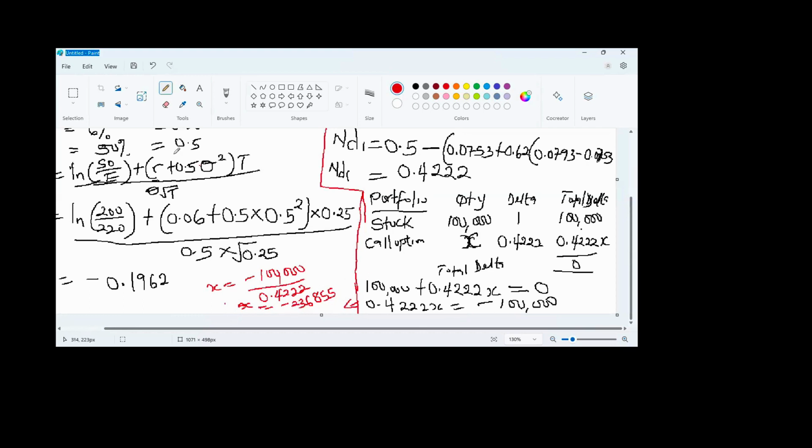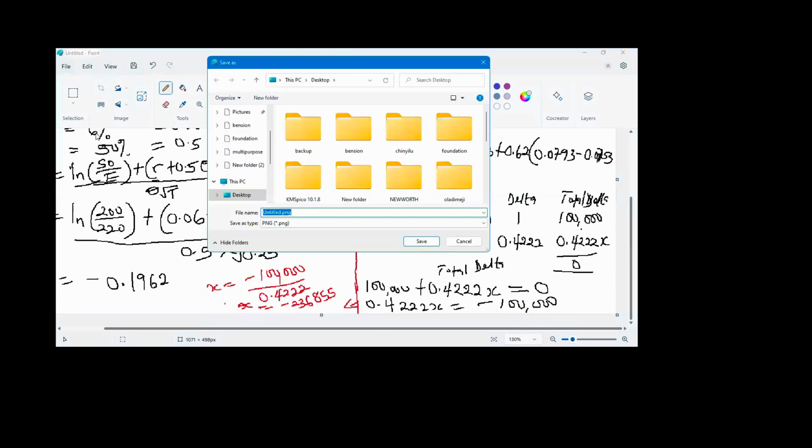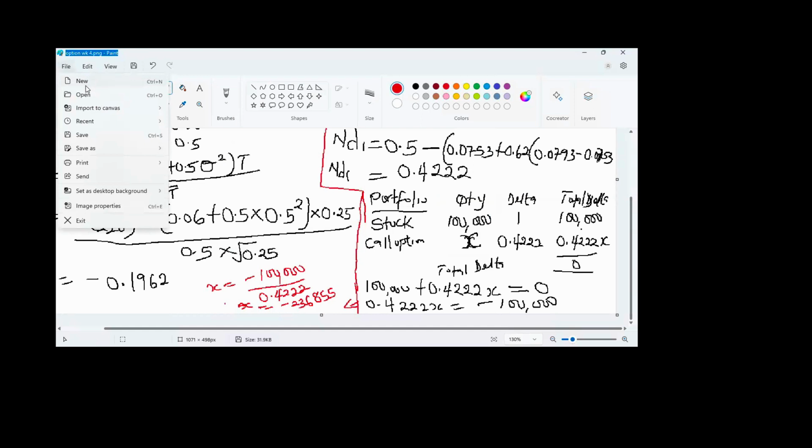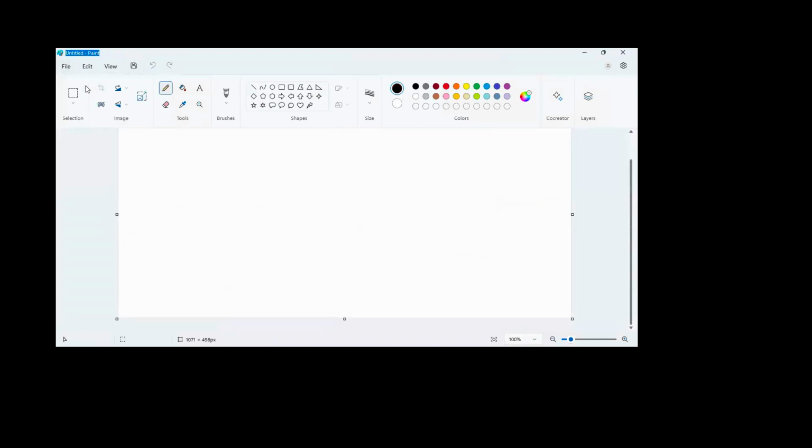Let me save this so that I can take a new one and we can round up properly.